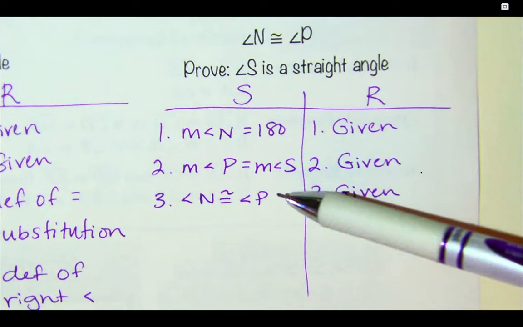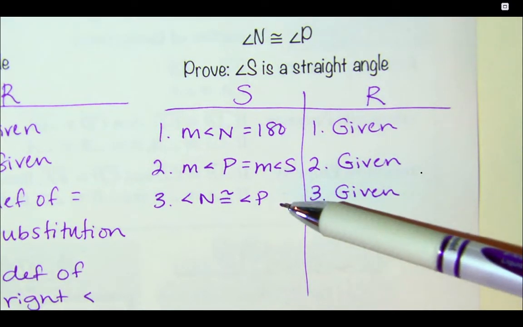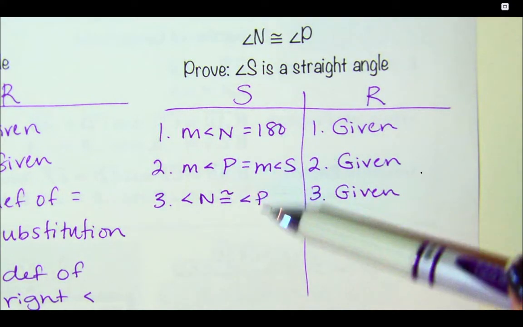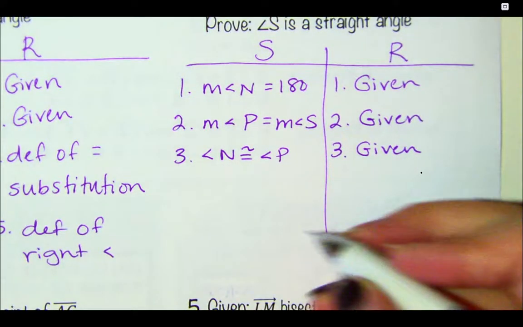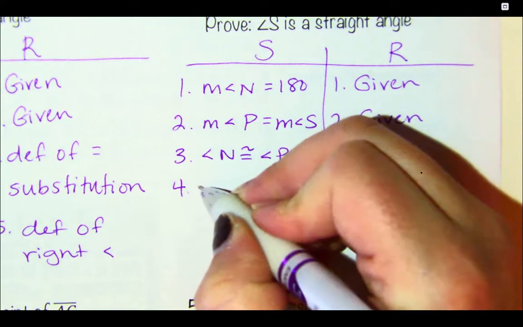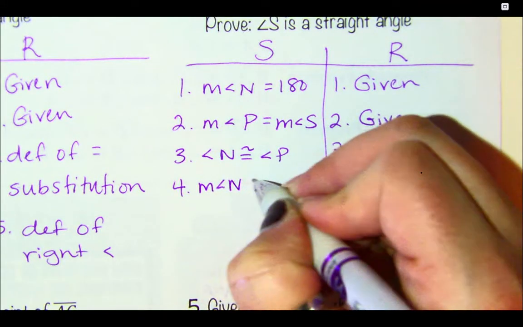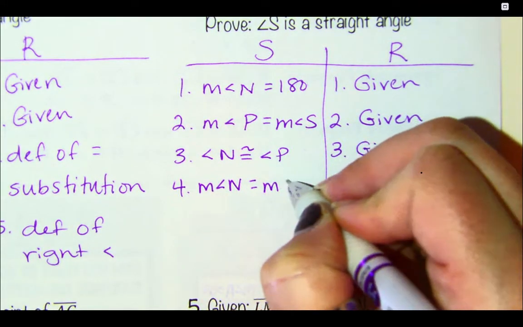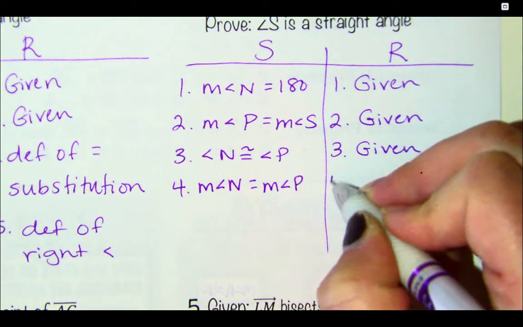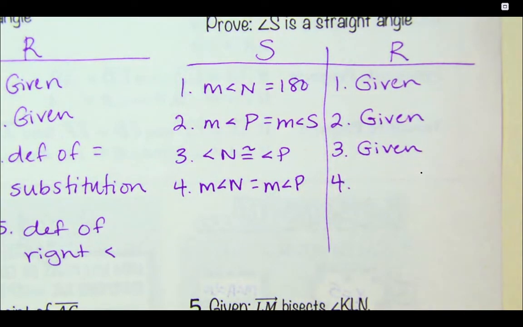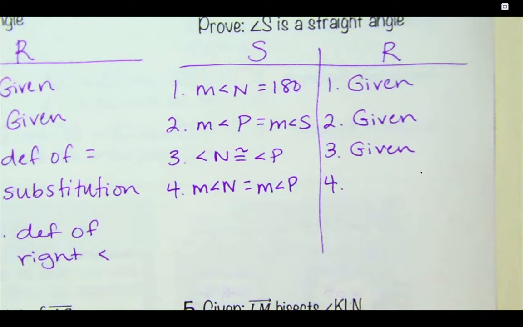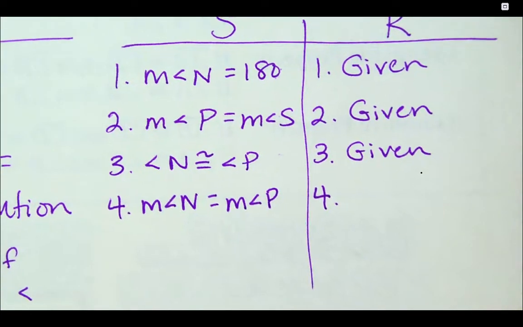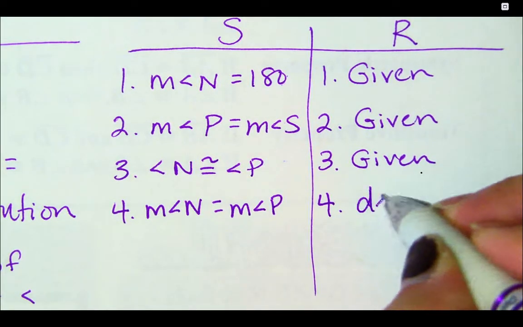So what if we change this to equals first, and then we'll have all measures, and then we can substitute stuff. Okay, so line 4, measure of angle N equals measure of angle P. What's that called when we change it to an equal sign? Definition of equals. Yep, definition of equal.